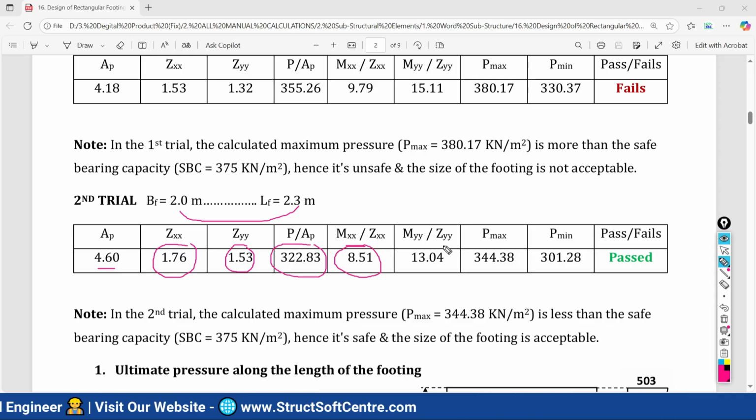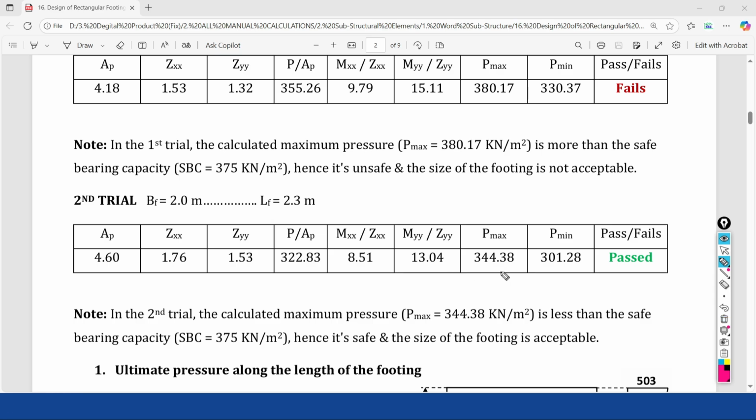Moment about the minor axis divided by sectional modulus, 13.04, and final maximum pressure we are getting 344.38 and minimum pressure 301.28.